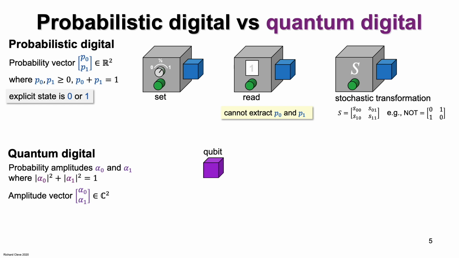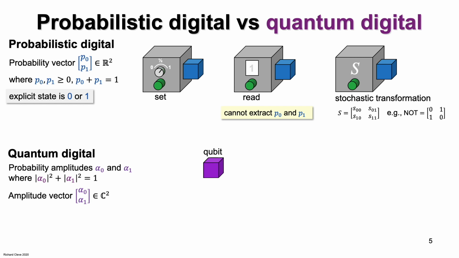In fact, they can be complex numbers, as long as they satisfy the condition that their absolute values squared sum to 1. In other words, the amplitude vector, written here with components alpha 0 and alpha 1, is a vector whose length is 1, a unit vector.